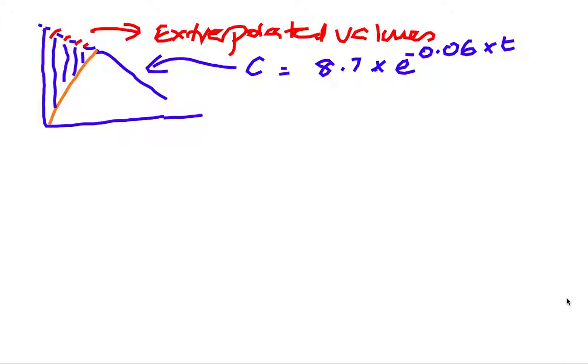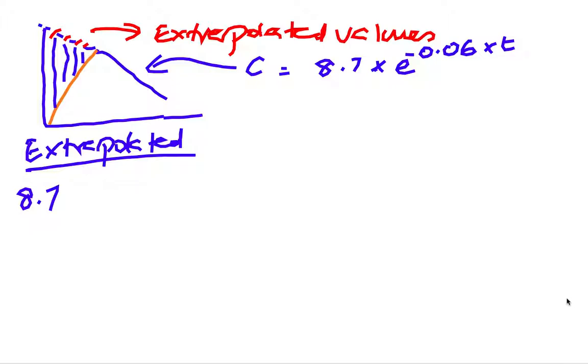All you have to do to calculate extrapolated values is plug in the first 4 time points. 8.7 times e raised to negative 0.06 times 1.